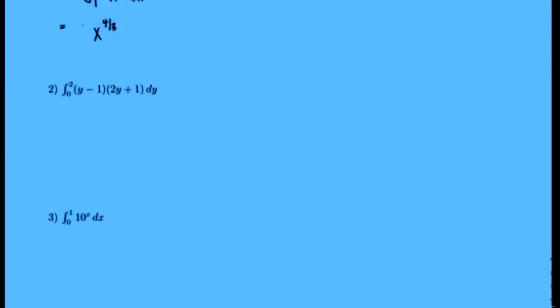So I multiply by 3 over 4, and I have this antiderivative evaluated at the upper limit minus the antiderivative evaluated at the lower limit. A way to write this out properly is as follows. So pay attention.